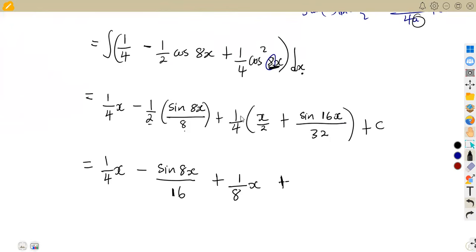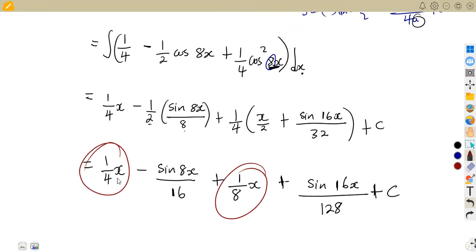Plus 1 is going to multiply sine 16x over 4 times 32, which is 128, plus the constant of integration. In most cases, most of you ignore this, but if you check here, these two are like terms. This is 1 over 4x, this is 1 over 8x. They can be added together.